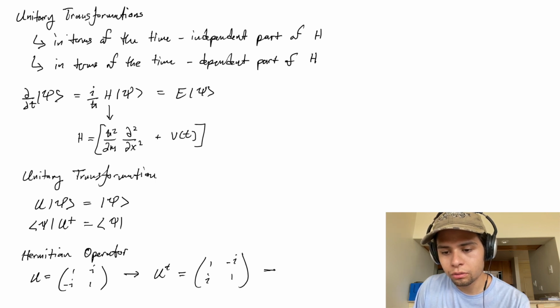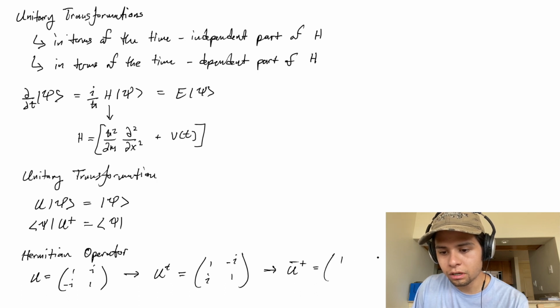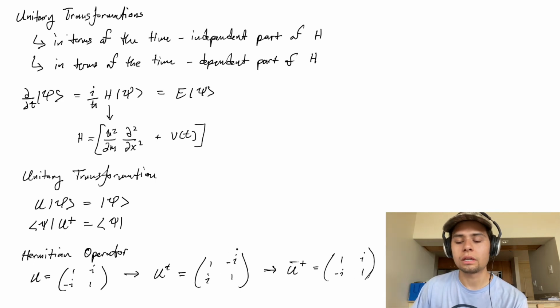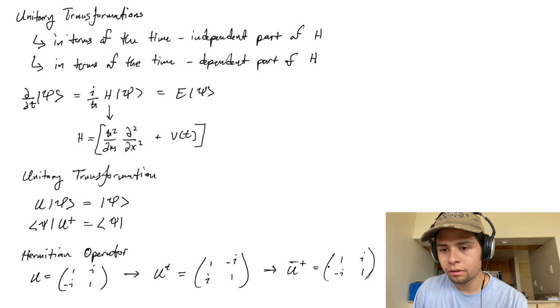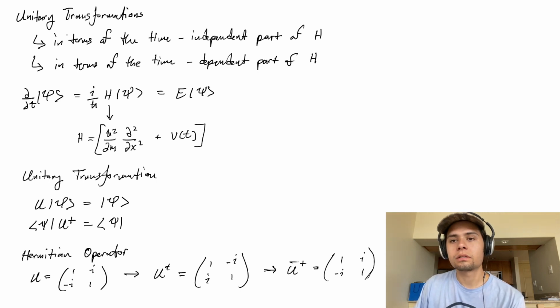U dagger, with this line right here, is equal to 1, i, negative i, and here all we did was flip these two about the diagonal like that. And this is what it means to be Hermitian.